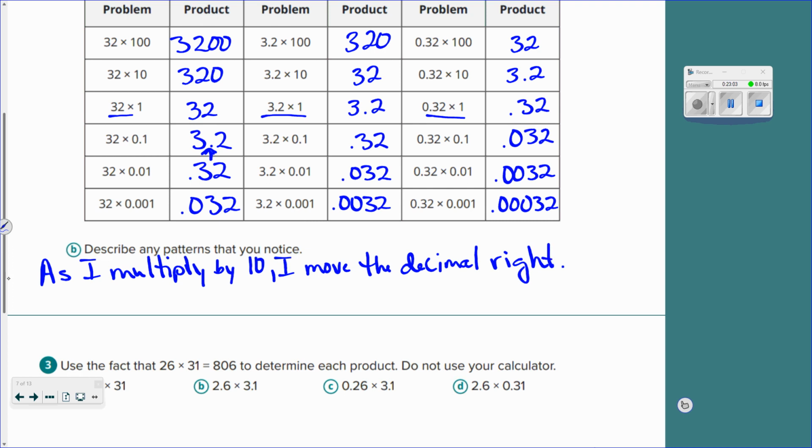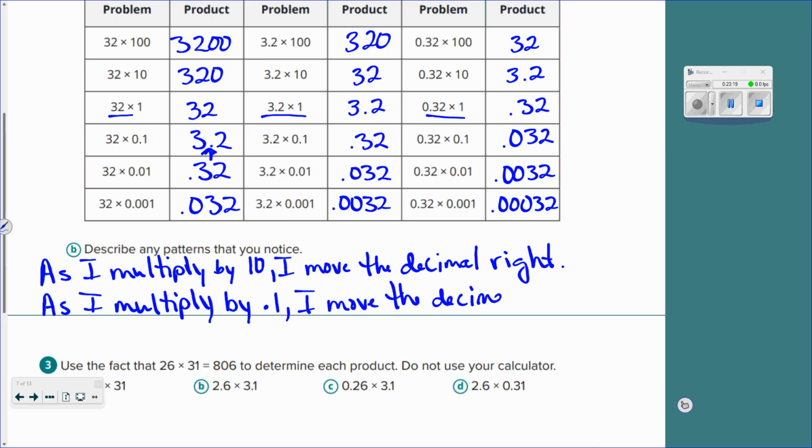As I multiply by tenths, I move the decimal left. Okay? They are both still powers of 10, right? So your whole key is how many powers of 10 tells me how far I'm moving it.